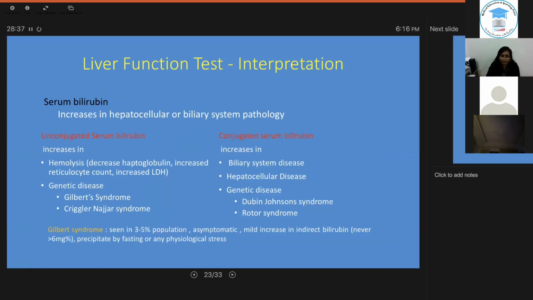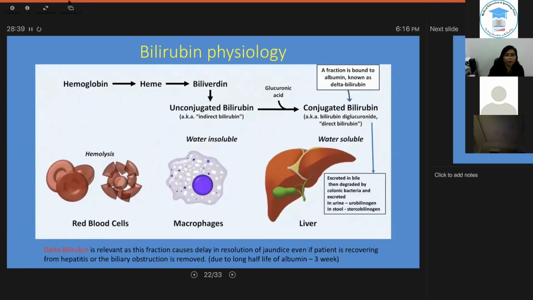Why? Just again look at this picture. Bilirubin can increase either because the hemoglobin breakdown is more and more unconjugated bilirubin is formed, or some liver disease is there, so this conjugation pathway is problematic, or there is some obstruction in the biliary tree, so the excretion pathway is affected. So when hemolysis is more, unconjugated bilirubin will be high.